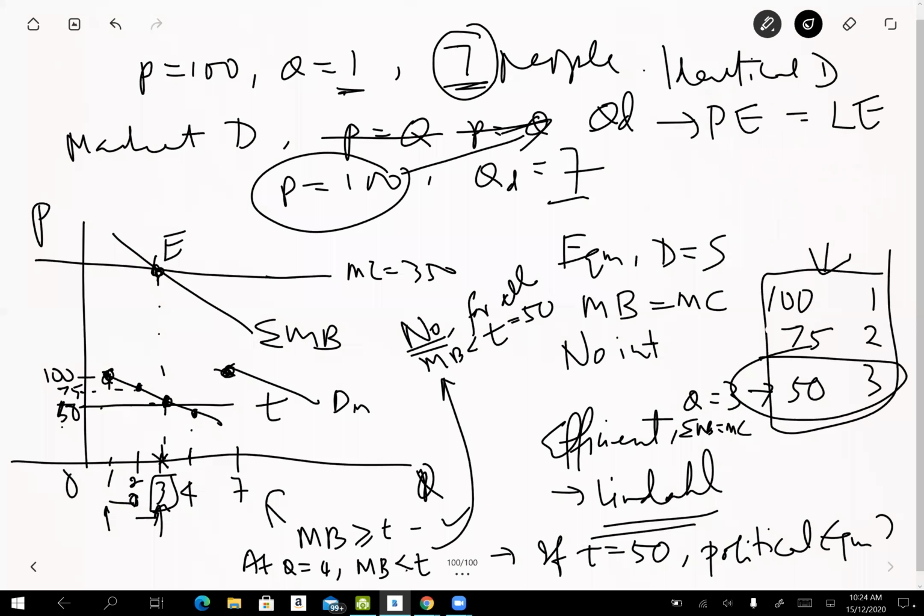Lindahl equilibrium means the efficient point, right? The political equilibrium by the voting. Everybody will pay the marginal benefit equal to the tax. Everybody is the median voter, so you don't have any objection. Everybody behaves in the same manner, so they are equal.